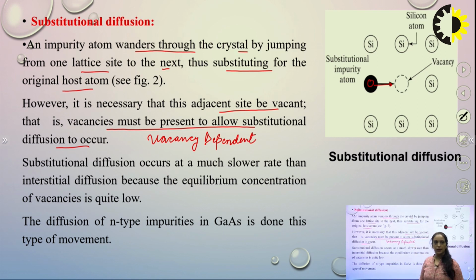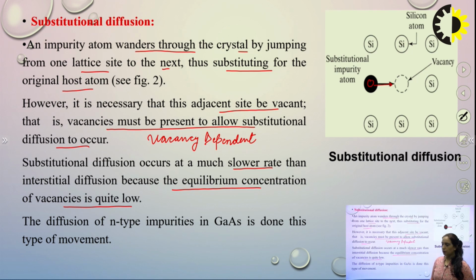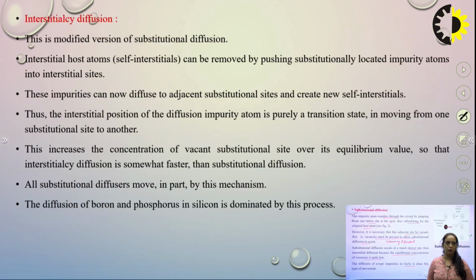Substitution occurs at a much slower rate than interstitial, because it has to look for the vacancies, since the equilibrium concentration of vacancies is quite low. The diffusion of n-type impurities in gallium arsenide is done by this type of movement.